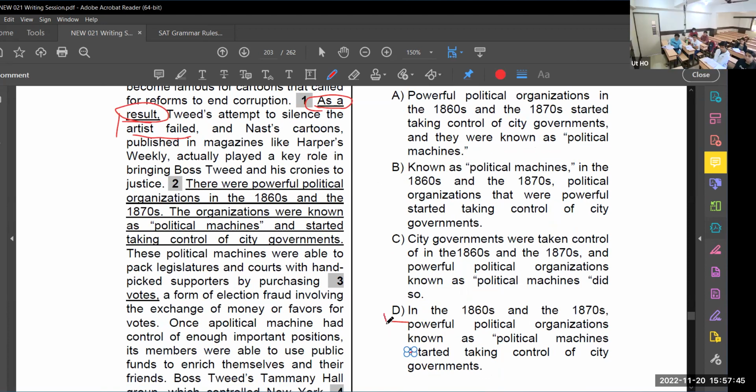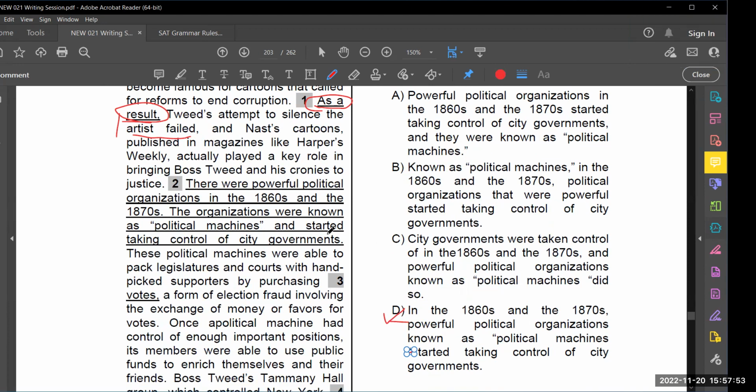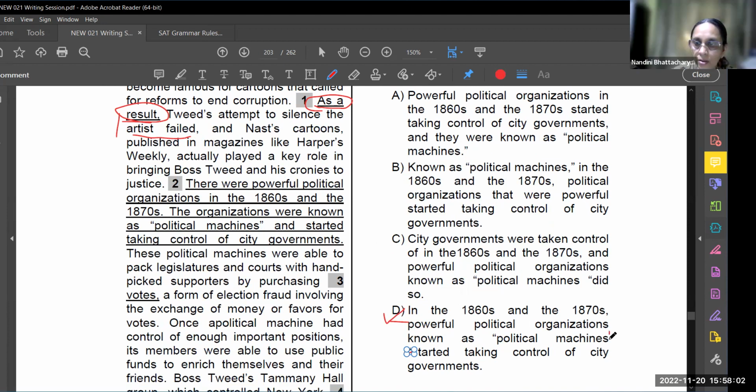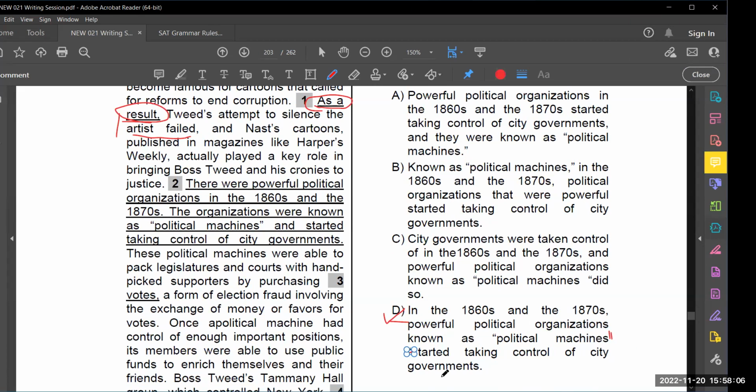Yes, D is the correct answer because that combines the two. The two sentences are, there were powerful political organizations in the 80s, but there is a difference in the quotes. Yeah, that is a slight printing error. So the quote will be actually over here. So that wasn't printed. Okay. Yeah, that's a printing error.